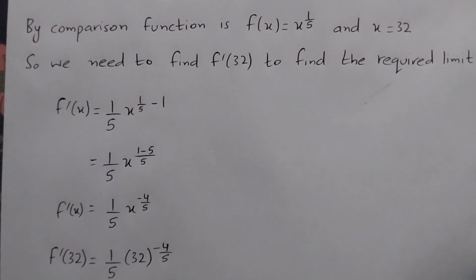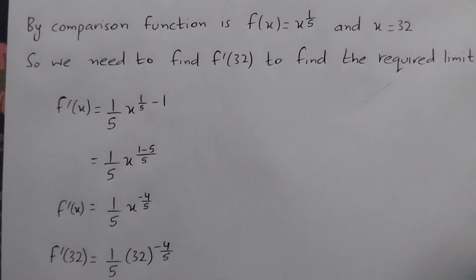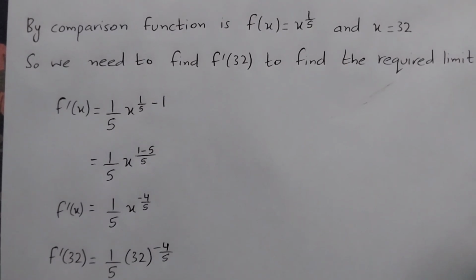f dash of x can be found by taking the derivative of x raised to power 1 by 5, and we can apply the power rule of derivatives. What the power rule does is put the power in front of the variable and subtract 1 from the power. So 1 by 5 will go in front, and this becomes 1 by 5 x raised to power 1 by 5 minus 1.